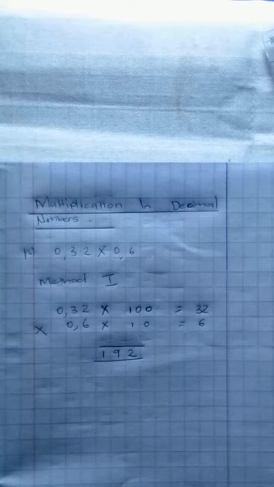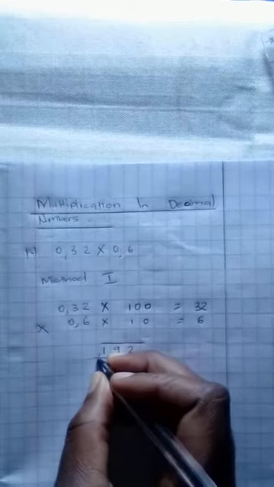This is not our final answer, right? To get our final answer, we count how many digits after the comma. We have 1, 2, 3. So we count 1, 2, 3, put our decimal sign here, then we add a 0 there, right?